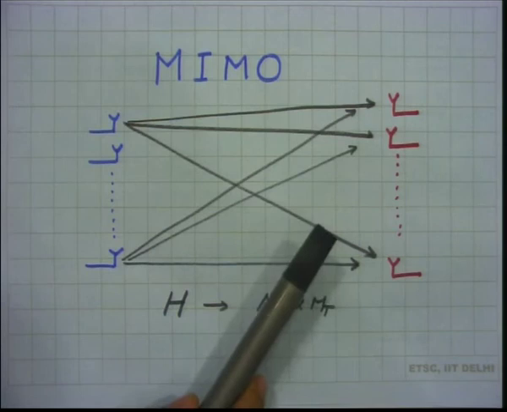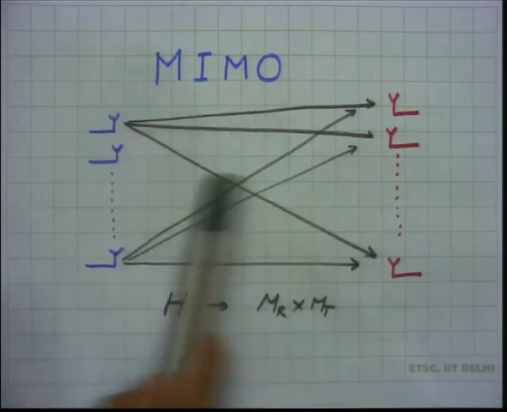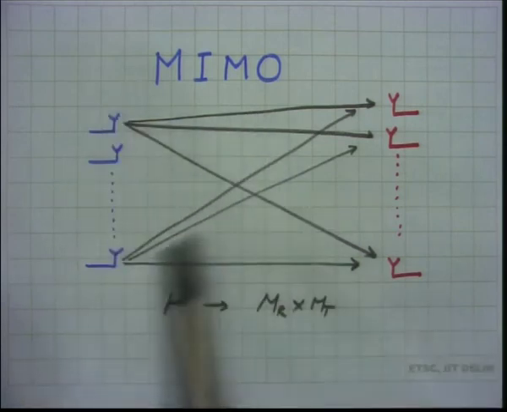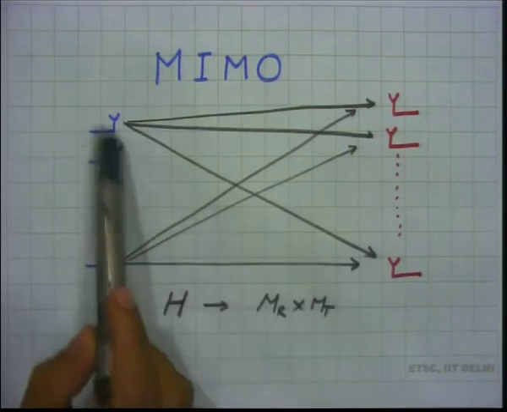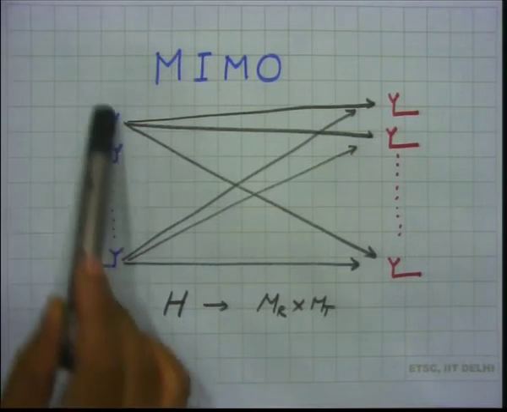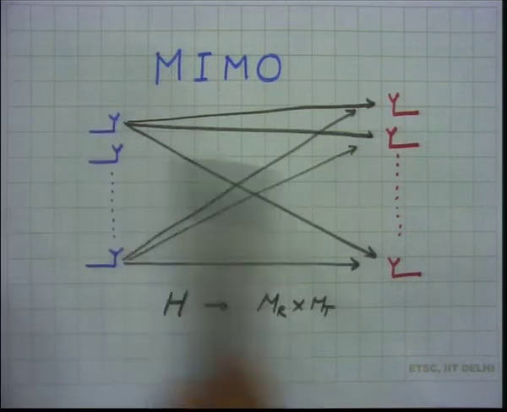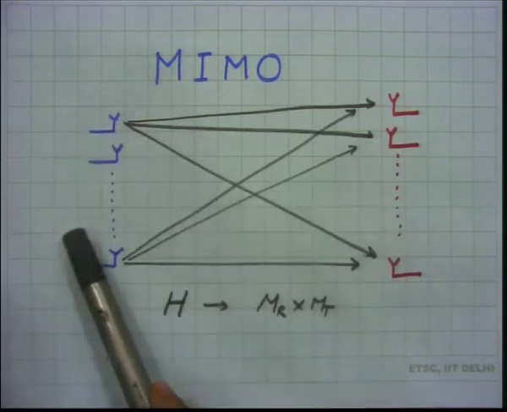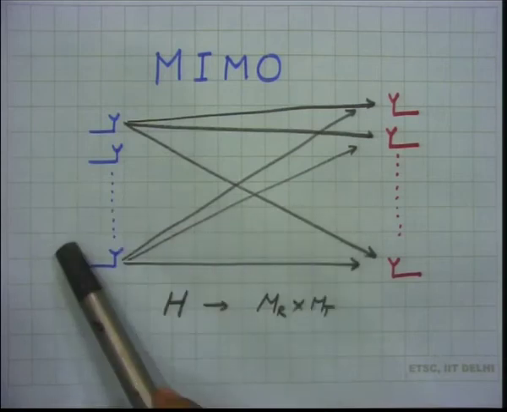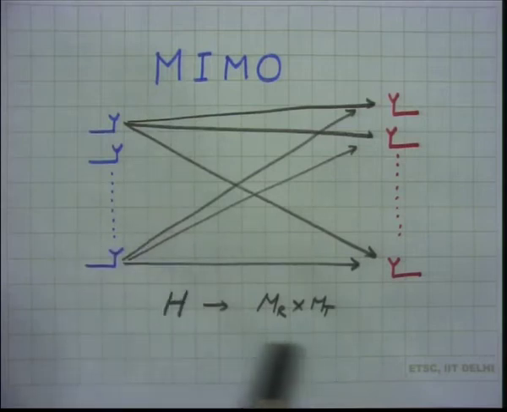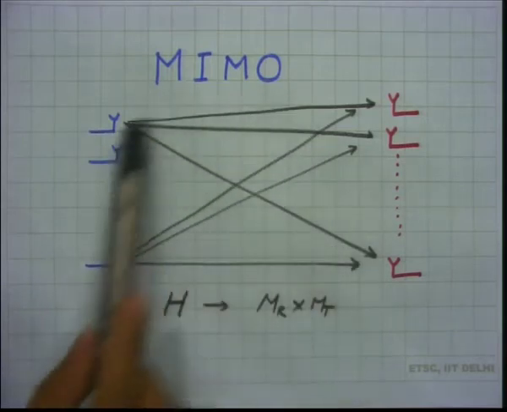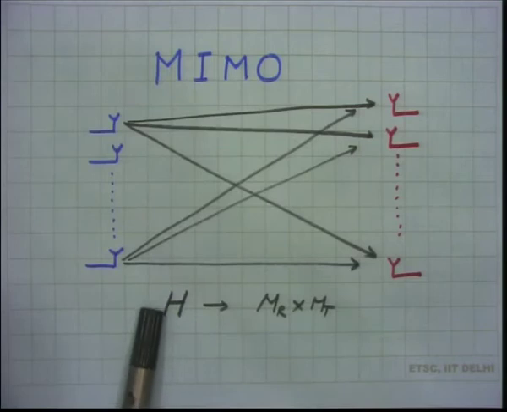Well, maybe some channels are good, some are not good, it is wireless after all, and it makes sense to allocate power in a manner which should maximize the mutual information transfer and hence the capacity of this MIMO system. So, that will be the general game plan for today, to understand the capacity of this MIMO system.